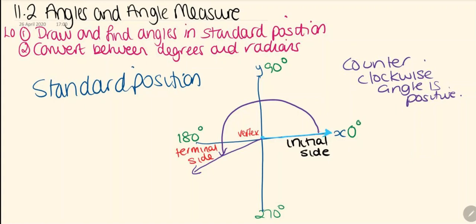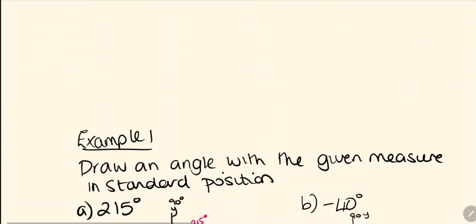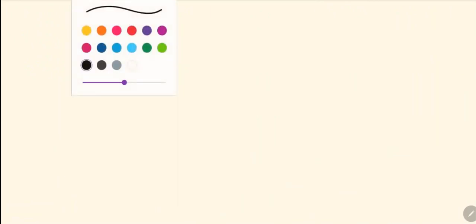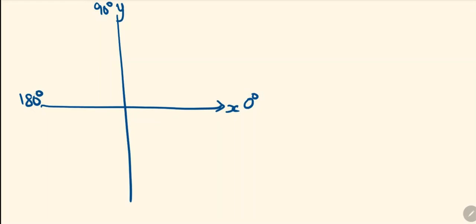So let's have a look. First of all, this is my X and my Y, 0 degrees, 90 degrees, 180 degrees, and 270 degrees. If I was to draw a positive angle of 120 degrees, I'm going to go around to 90 and then just a bit past.